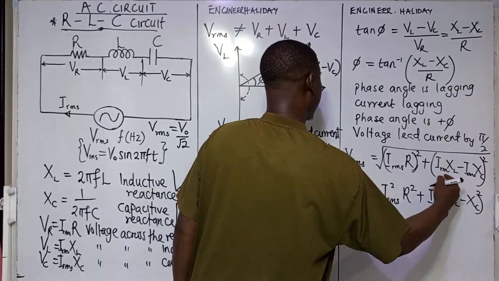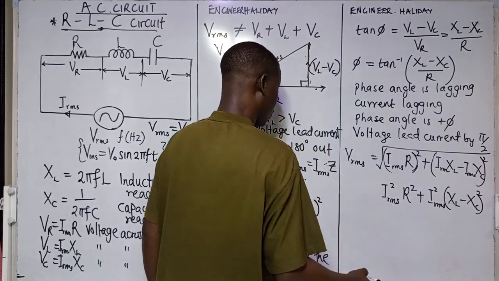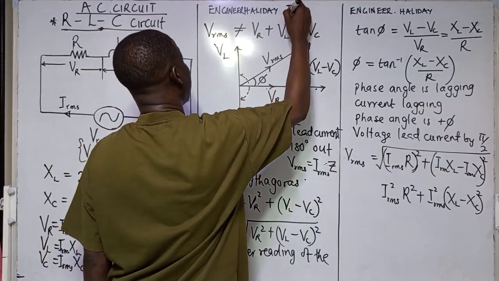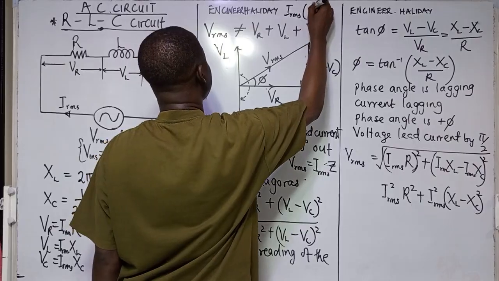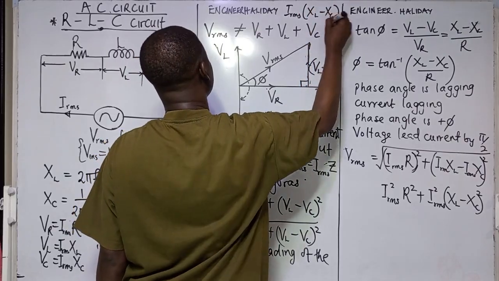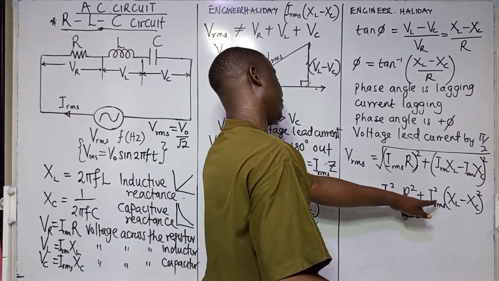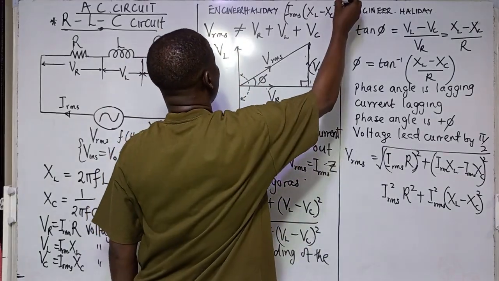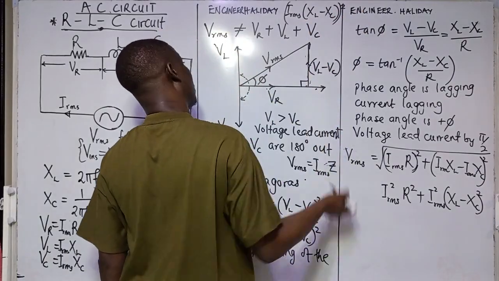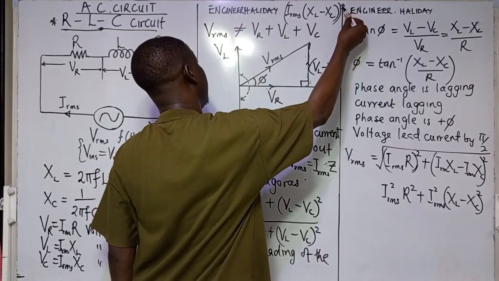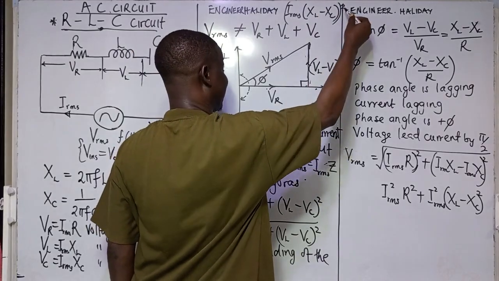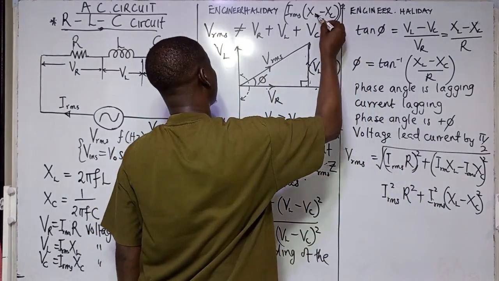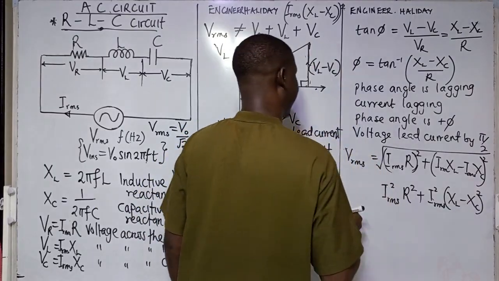You can factorize IRMS out. If you have something like IRMS into bracket XL minus XC, it's the same thing as this. So if you square both sides, according to indices, if both of them have square, then square of this one we make this one square, and square of this one we square the bracket.